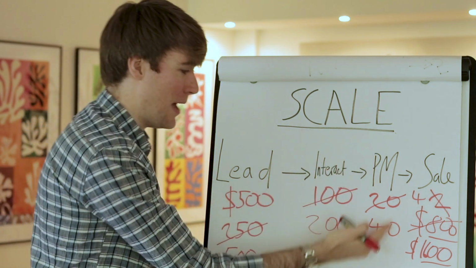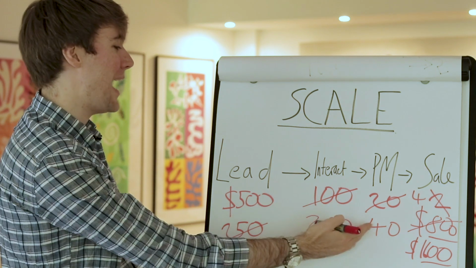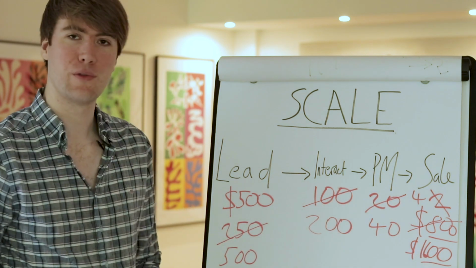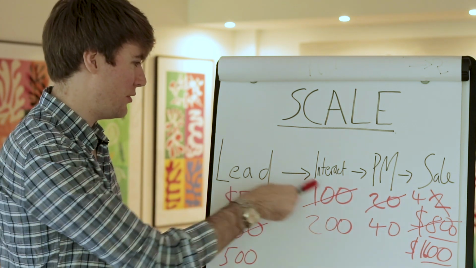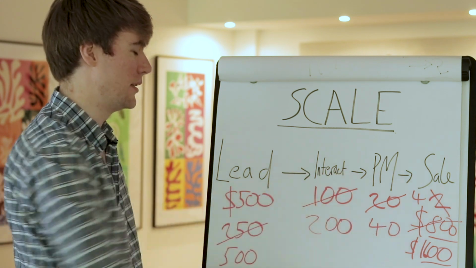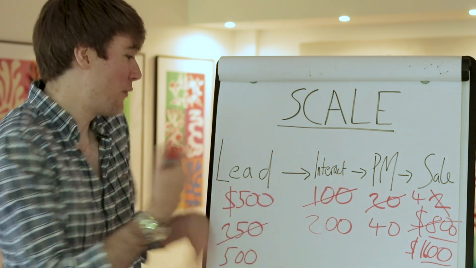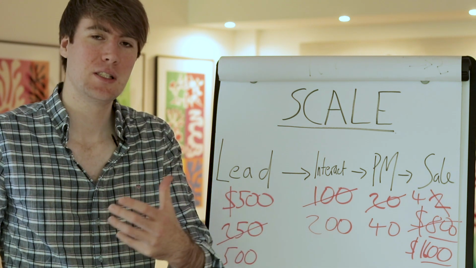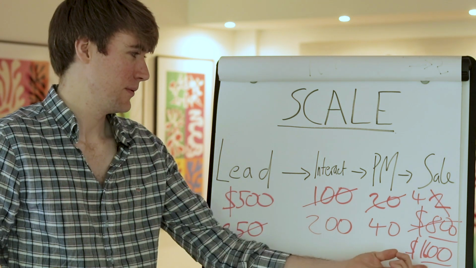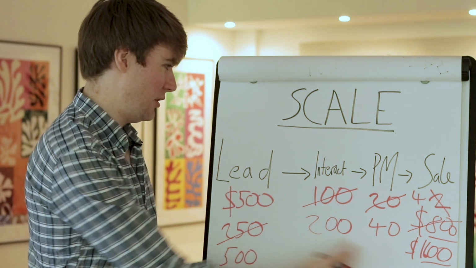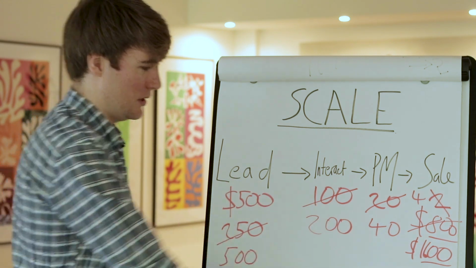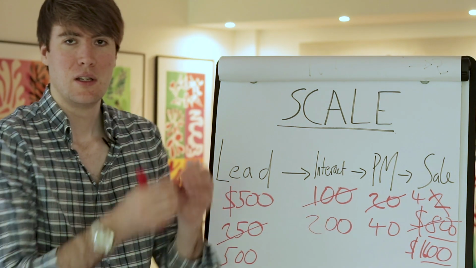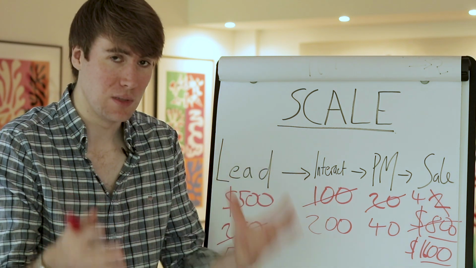You could send a better personal message and you could get more sales from that. Even if you just increased each part of the equation by 10%, you would get an overall 30% increase in sales. So once you know these numbers and you know how much you have to spend on leads in order to generate a certain amount of sales, now you have something unbelievably powerful.